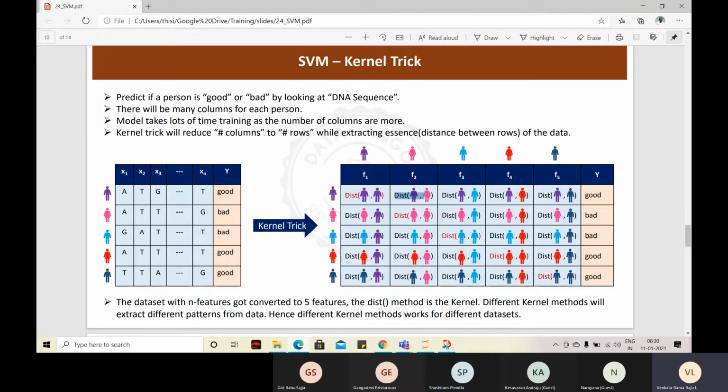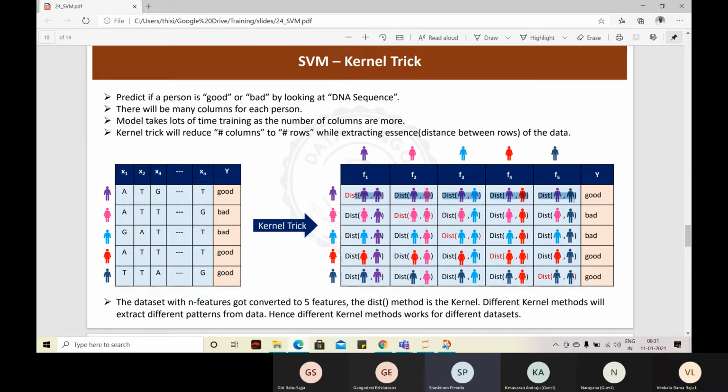First record and second record, one more number. First and third, first and fourth, first and fifth. So between the first record and all the other records, I reduced it to 5 numbers. Is that clear?